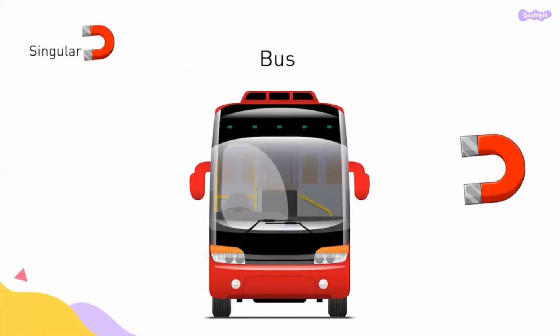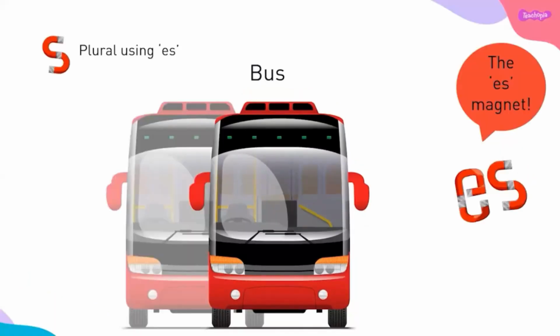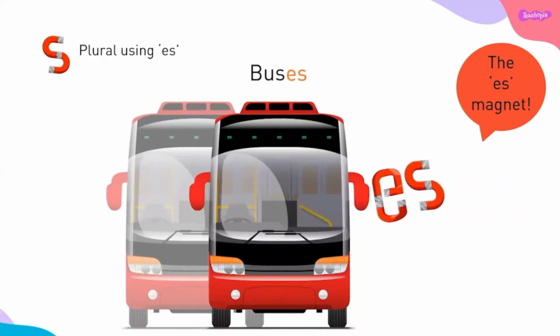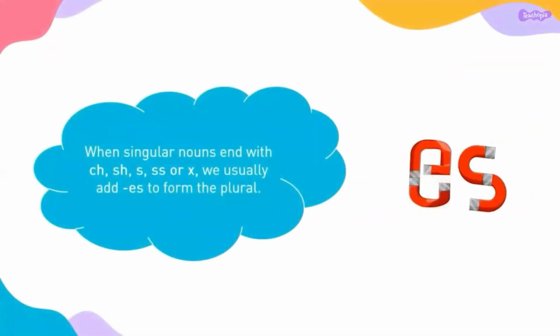Then what about words like, say, a bus? Bus already ends with the letter S. For that, there is another special magnet called ES magnet. Whenever a word ends with an S, needs to be pluralized, we add the ES magnet that gets attached to the word and makes it a plural word like buses.